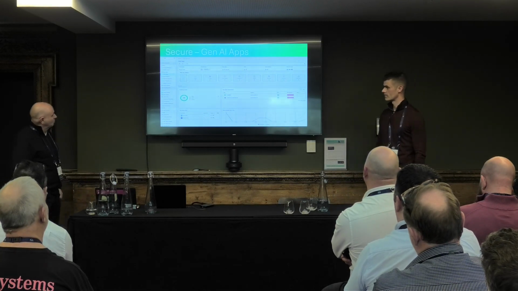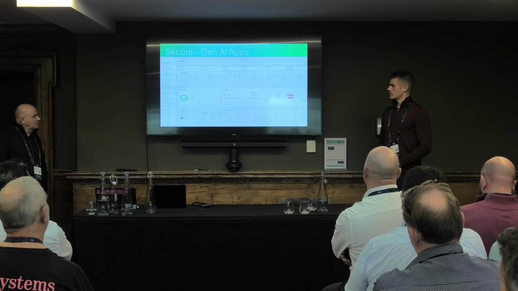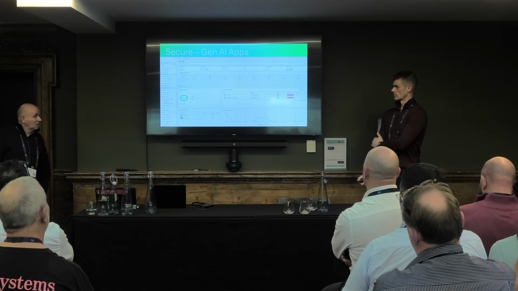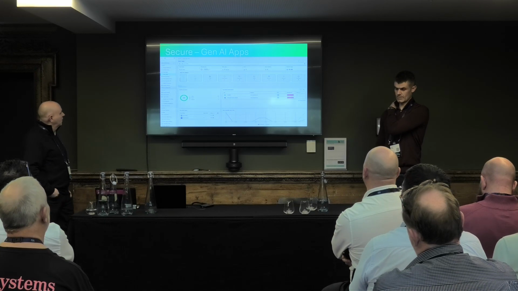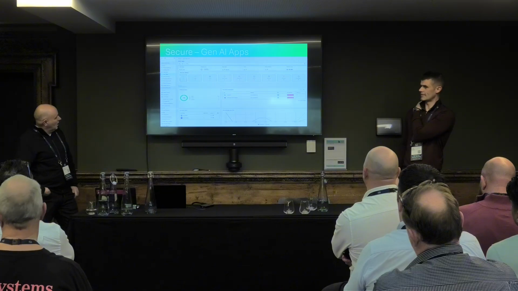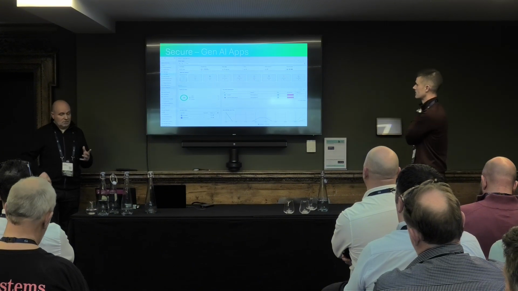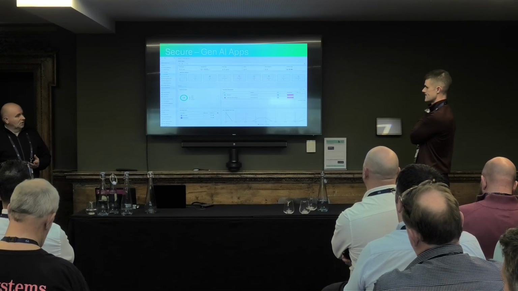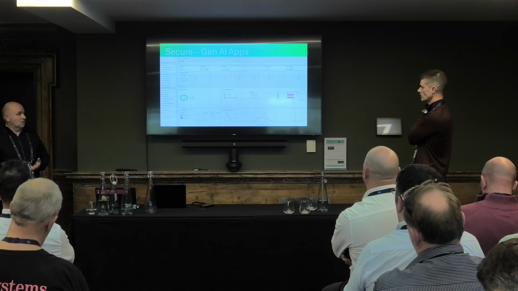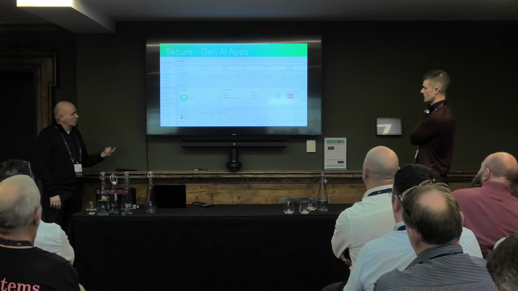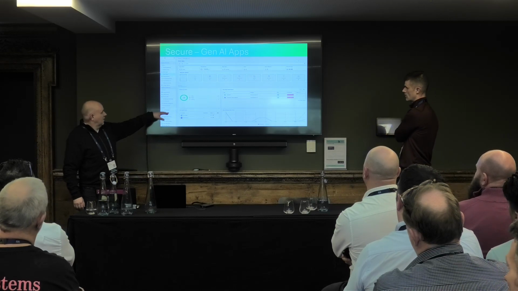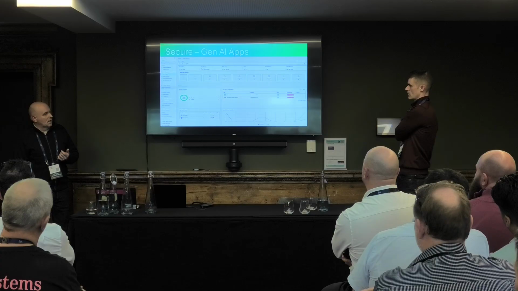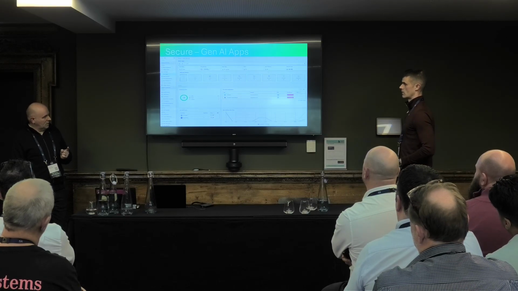If you think about where Cato was when we first did this presentation, all the Gen AI apps, obviously it's looking at all the SaaS applications, so it can identify ChatGPT, it can identify what's been used. We could look and block different applications from a SASE level, from a CASB point of view.